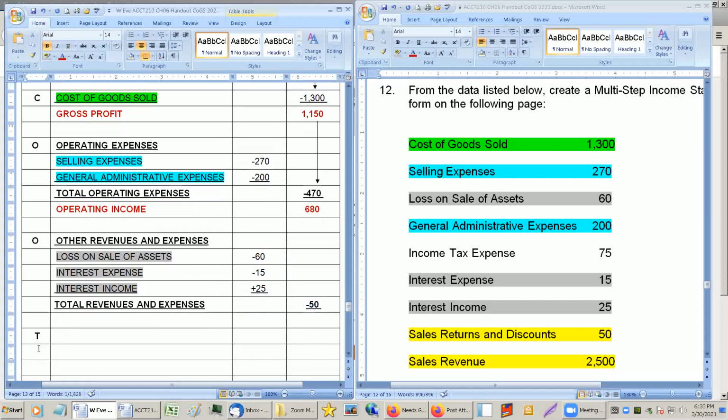Okay, I gotta move my T down here. And so this will give us our income before taxes.